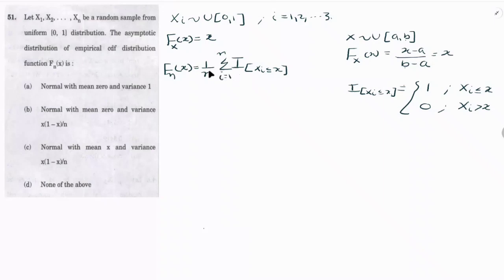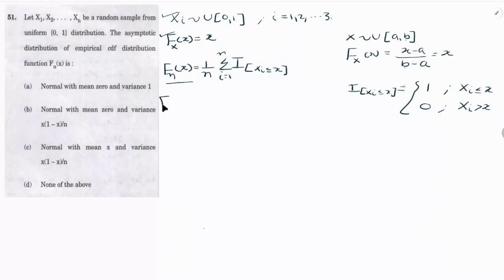Okay, so we do not need to focus on the definition here. We just need to find the distribution of this CDF. If you know the distribution of random variable x, you know the CDF of random variable x, then you will be able to find the distribution of empirical CDF.